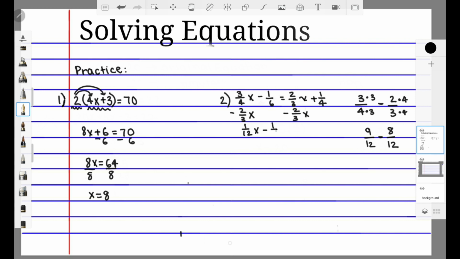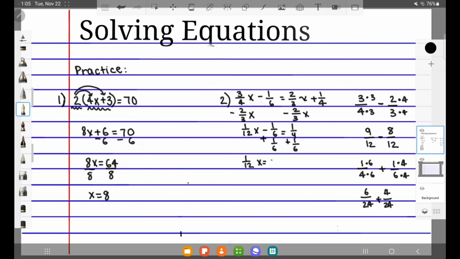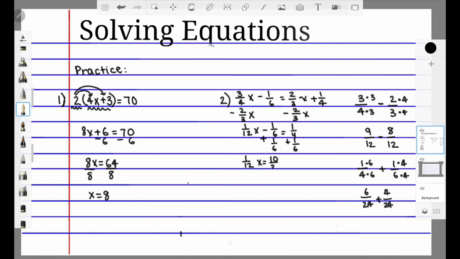Minus 1/6 equals 1/4. All right, now we can get rid of the negative 1/6 here by adding it on either side. All right, let's solve that. It is equal to 10 over 24, which also simplifies to 5 over 12. 1/12 x equals 5/12.